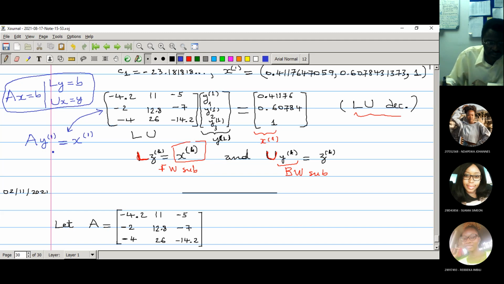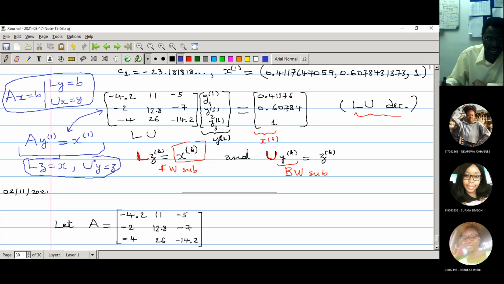So from this, we'll introduce LZ equal to the right-hand side, which is X, right? And now we have U with our original unknown X, which in this case is Y, equal to the new variable, Z. So this is how we are supposed to adapt the notation.